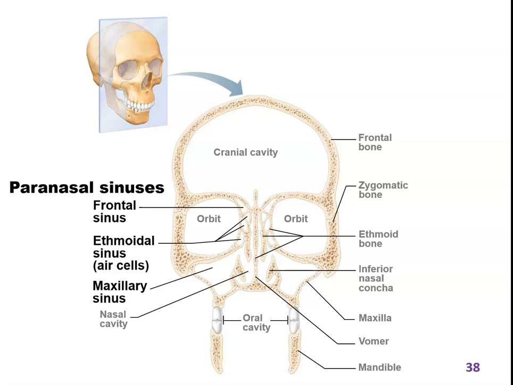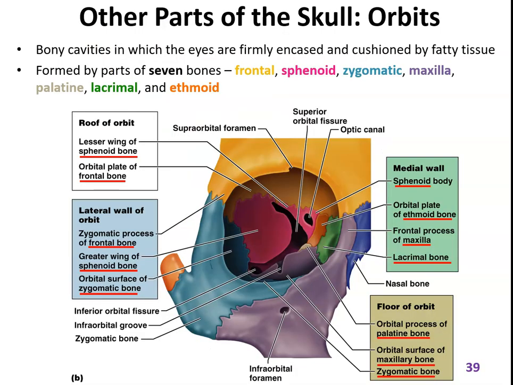This is a super cool frontal section through part of the skull. You're also going to learn the orbits. A good question I can ask on the exam is name all the bones that are part of the orbital cavity. There are 7 of them.